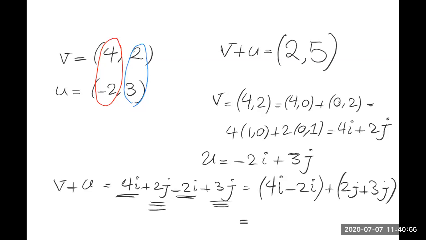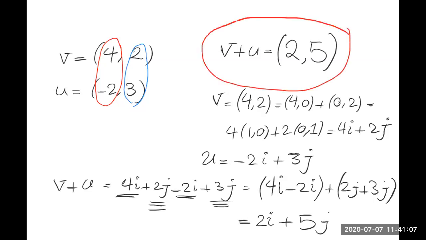So 4I minus 2I, 4 minus 2 is 2, I would get 2I. 2 plus 3 is 5, I would get 5J. And the final results are the same. You see here I got V plus U is 2 and 5. Here also I get the sum is 2I plus 5J. So we get the same answer if we use this IJ notation. Sometimes they are useful. I know now they might not look very useful to you, but sometimes they are useful.